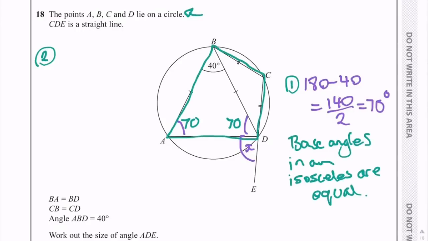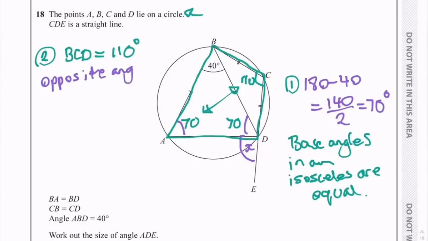Opposite angles in a cyclic quadrilateral add up to 180. So opposite that 70 is this angle C just here, and that would have to be 110. So that is angle BCD. So BCD equals 110. There we go. My reason for that would be opposite angles in a cyclic quadrilateral equal 180, which I'd have to write down. Remember it said give all your reasons.